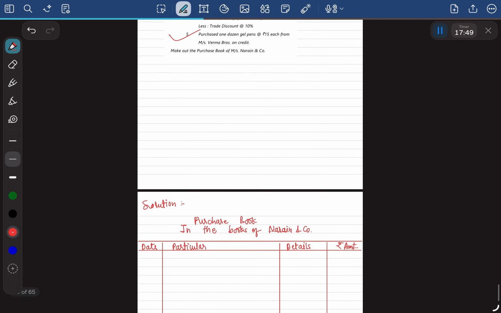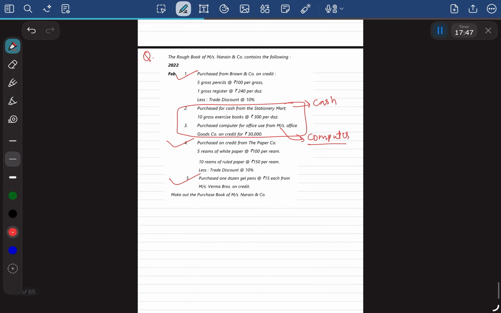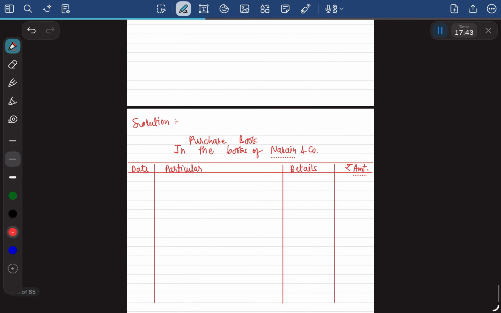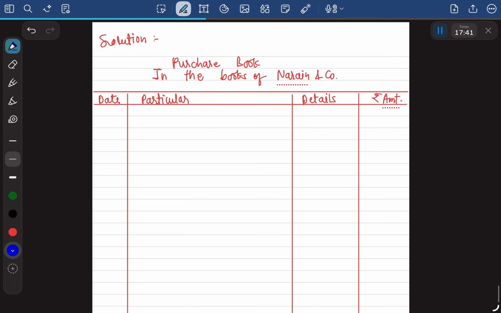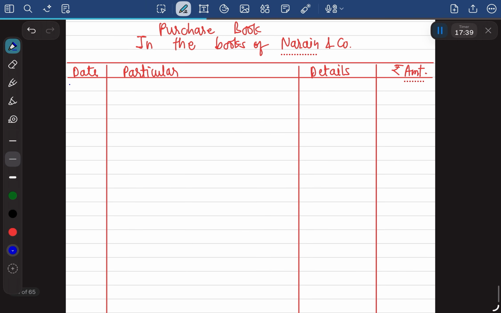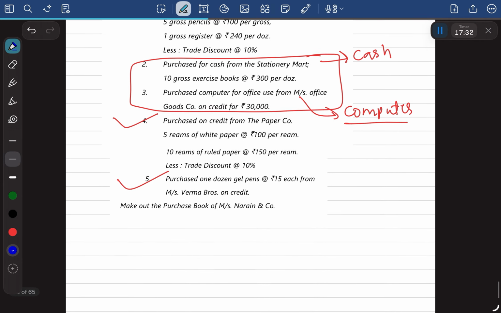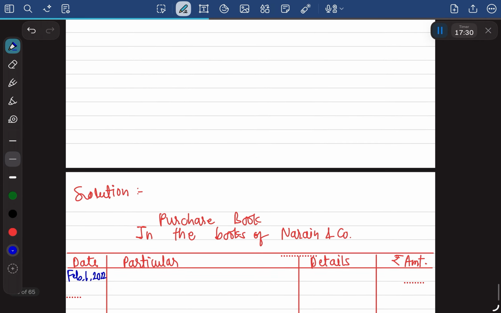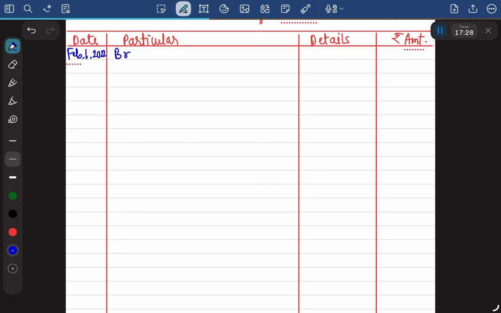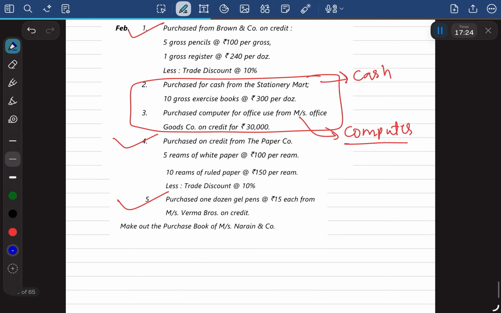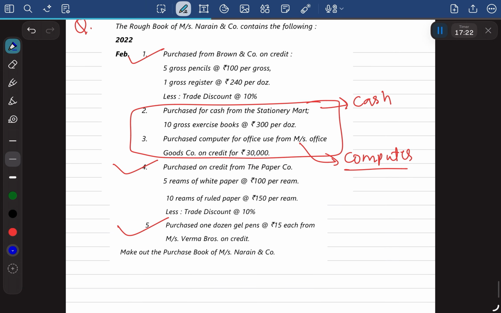First, purchased from Brown and Co. on credit. So firstly, I write Feb 1st 2022, from Brown and Co. I purchased 5 gross pencils at the rate 100 per gross.